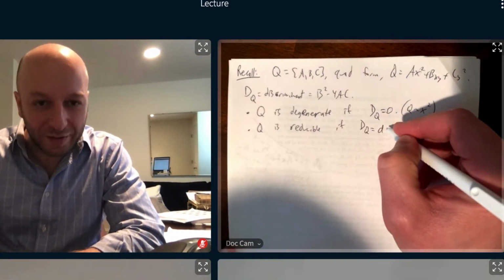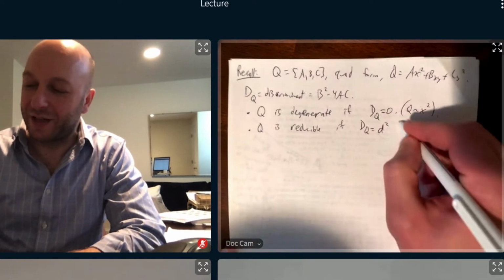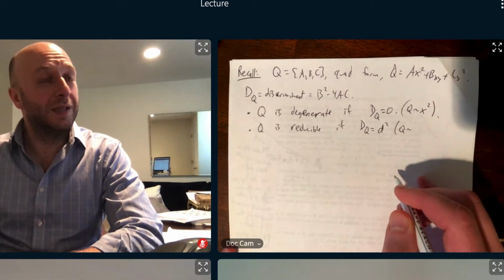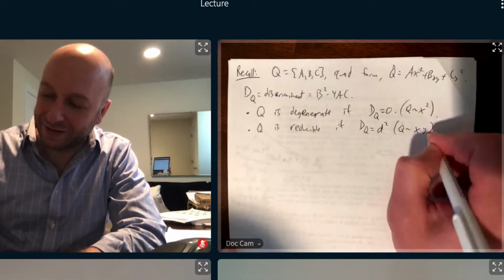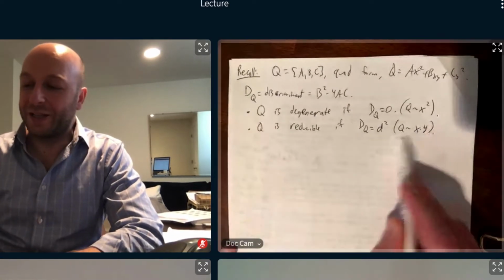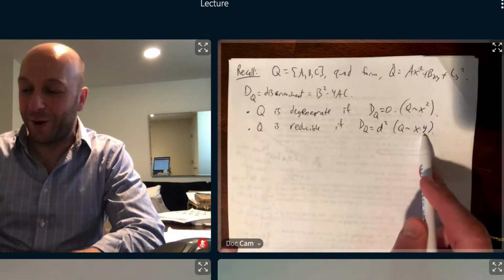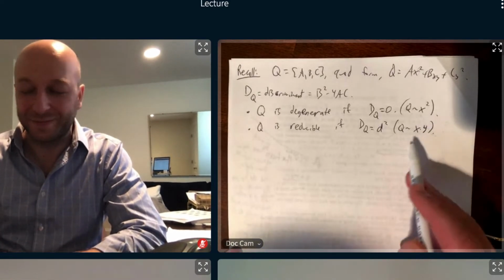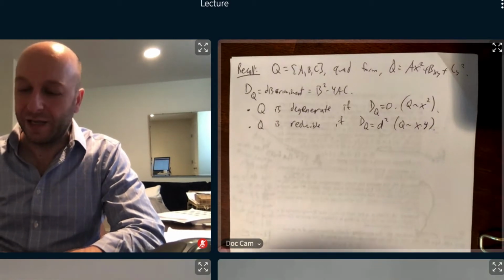Then Q is like xy, I guess, is a good way of thinking about this. So again, it's very easy. This represents all numbers, because you just set x equal to 1, and then y can be anything. All right, so these are the things that are immediate.